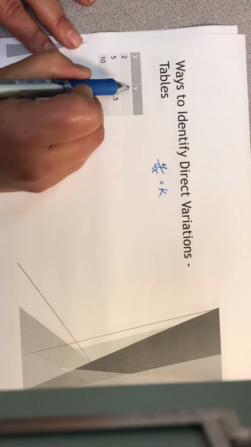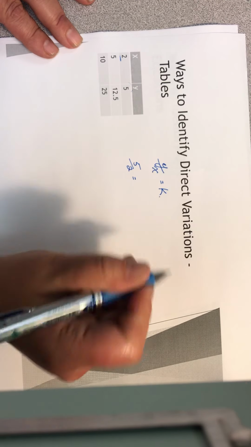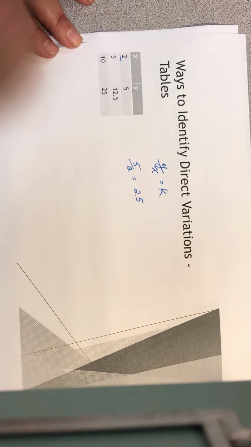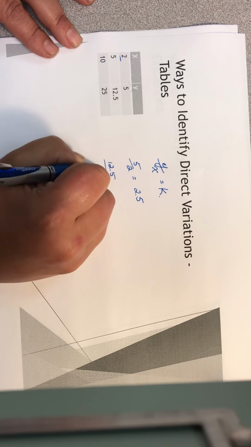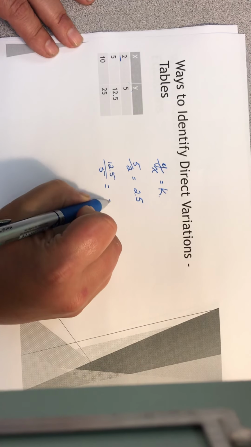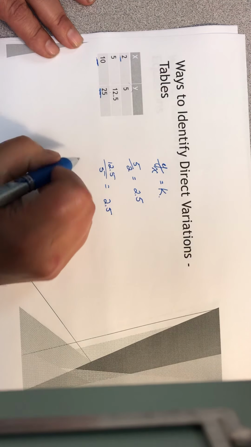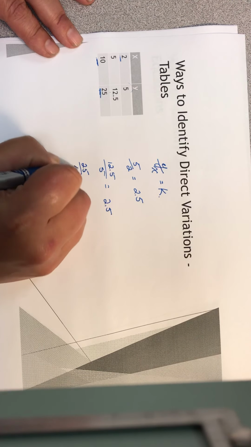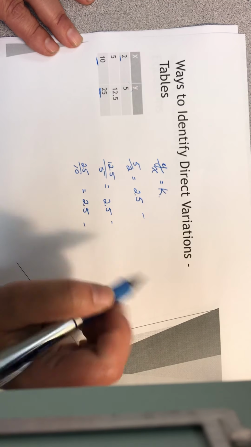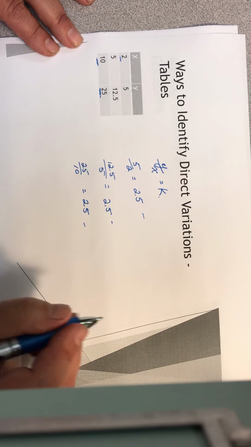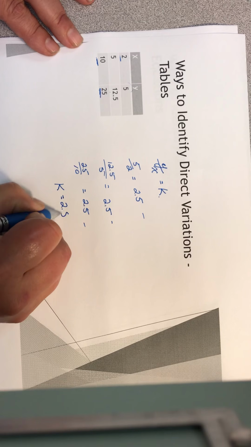So we divide 5 by 2, and that equals 2.5. We divide 12.5 by 5, and that equals 2.5. And then we divide 25 by 10, and look at that, it equals 2.5. Because these are the same number, we have a direct variation. The constant of variation then is 2.5.